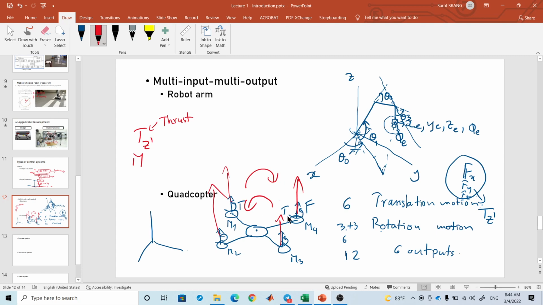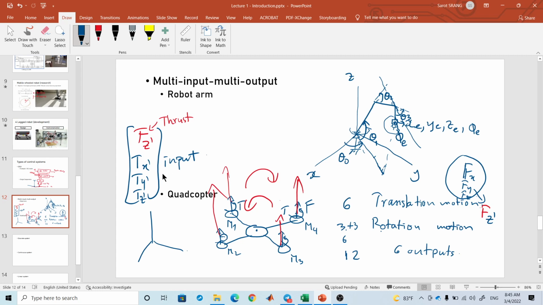Maybe it's better to use F, just use this F. And then I use this one as torque, Tx, Ty, and Tz, prime, with respect to the body frame as well.